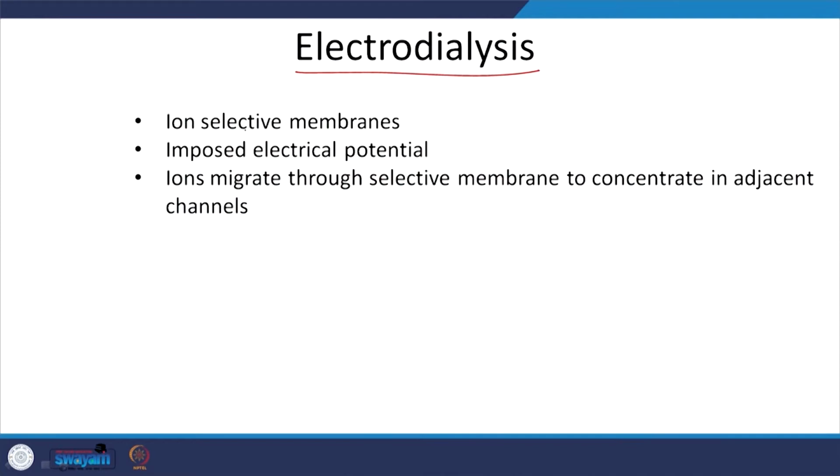You can't end up with water that is charged. Let us see how that is brought about. So, you are going to have three major aspects here: ion selective membranes, and I am going to impose an electrical potential. The key aspect is that the ions are going to migrate through these ion selective membranes.